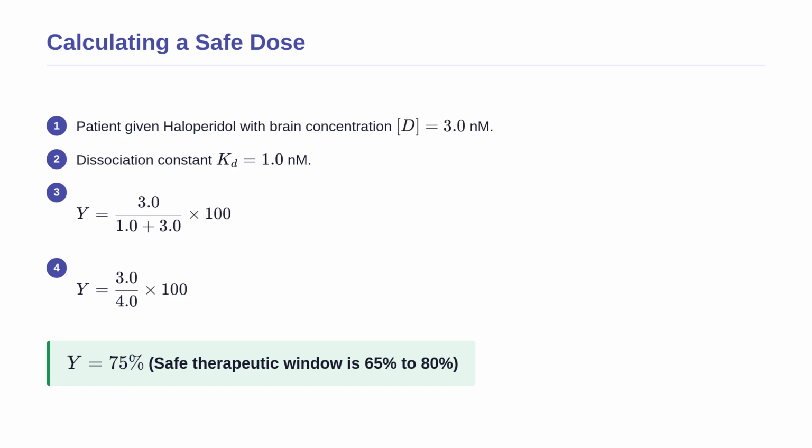We substitute our values into the equation, giving us 3 divided by the sum of 1 and 3. This simplifies to 3/4, which multiplied by 100 gives exactly 75%. Because this falls perfectly inside the ideal window, the hallucinations will decrease without causing dangerous motor side effects.